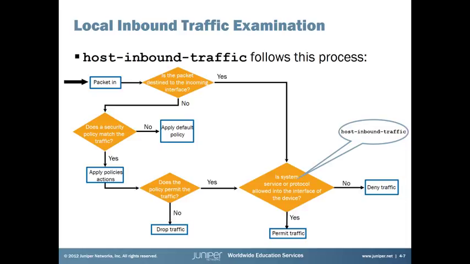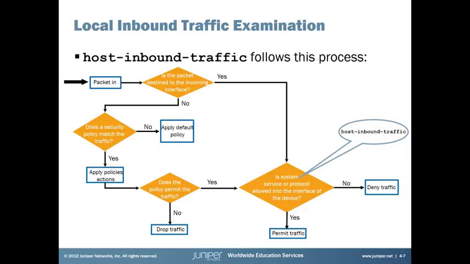In other words, you're establishing maybe an SSH or a telnet or an HTTP connection to the device itself. If the connection is to the device itself, so that's you managing the device, then the answer will be yes. If the answer is yes, then the question is, is that particular service or protocol allowed into that interface? That's the host inbound traffic configuration on the zone. It gets evaluated there.